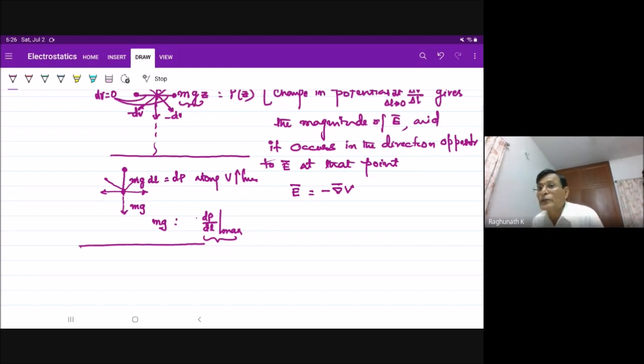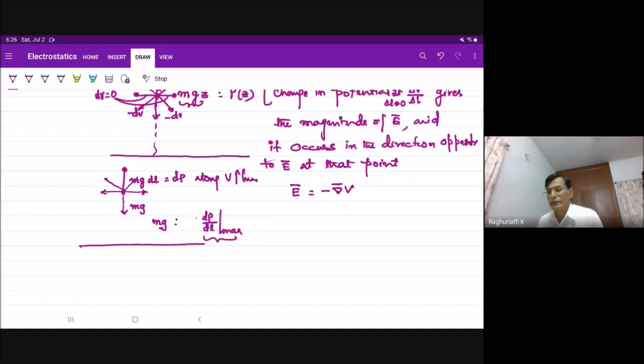The maximum space rate of change in the potential is the gradient of potential. At any point, the negative of the gradient of potential is actually a vector, because it occurs only in a specific direction. The negative of the gradient of potential at any point is the electric field intensity.